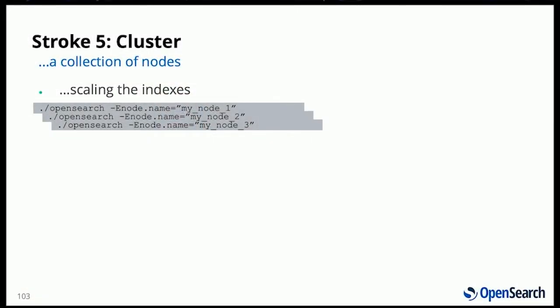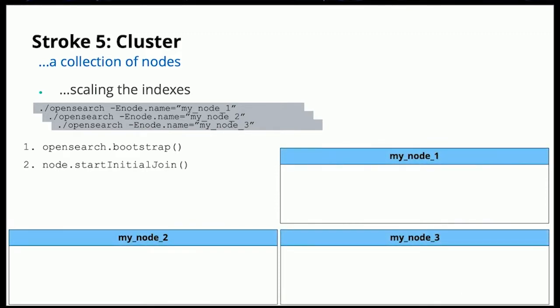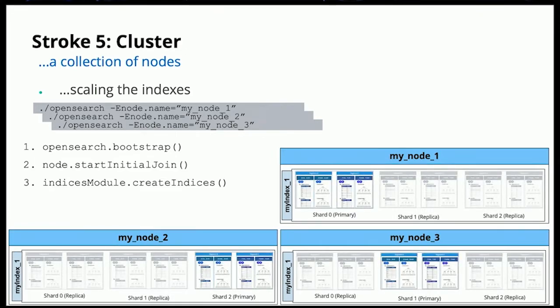So we actually run in the code the same thing. We bootstrap each individual node, then each individual node does a start initial join. This is what kicks off all of the logic needed to form what we call discovery, where all the nodes can start discovering each other on the same network. But in each one of those nodes now, we're going to call create indices. So it doesn't matter if you're running single node or multi-node, that create indices method is called.